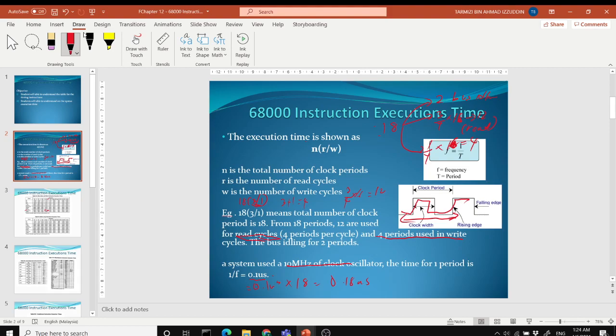So that's how you calculate the execution time of your command. Okay, so again, just now, sorry, I made a mistake. You need to include the bus idling period if you want to calculate. Bus idling period is 2 periods out of this total number of clock periods that is listed in your data sheet.